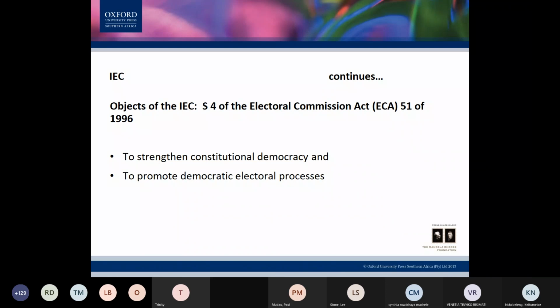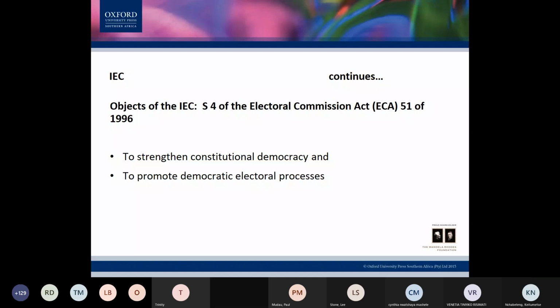So the objects of the IEC are stipulated in Section 4 of the Electoral Commission Act. These are to strengthen constitutional democracy and to promote democratic electoral processes.